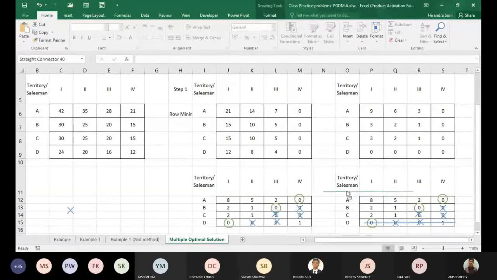Then another one, I have 3 zeros vertically also. Fine. Are there more zeros which are still uncovered? These ones, correct? So one more horizontal line and then we have covered all the zeros, correct?